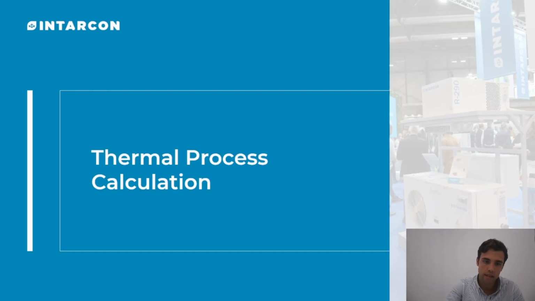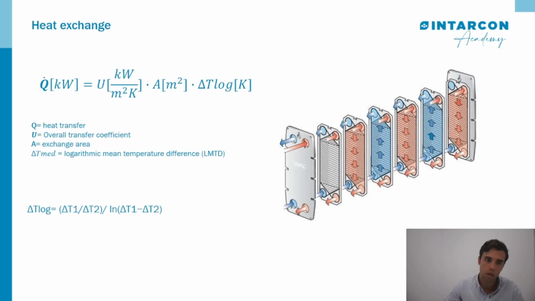So let's see the thermal process calculation, how we are going to check it. A plate heat exchanger is a device that allows heat to be transferred between both flows. On the one hand, you have a fluid that could be an agri-food fluid. On the other hand, we will have glycol, for example.